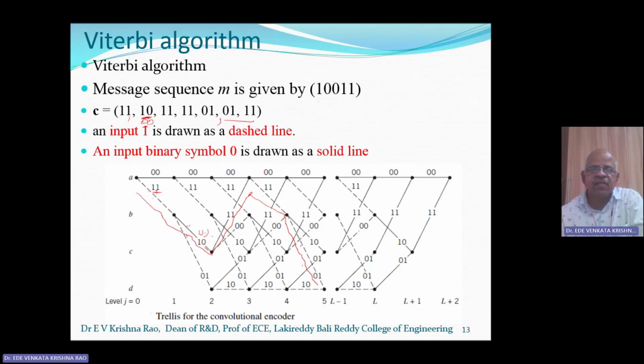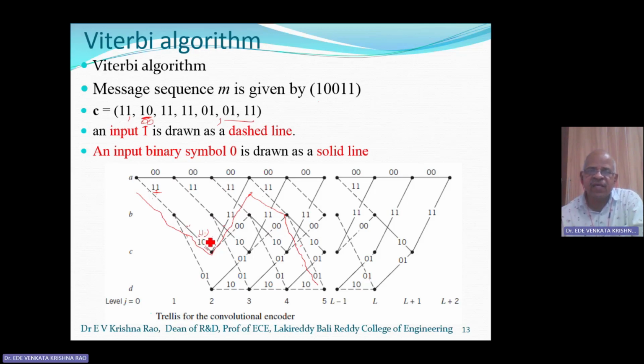If you go in another path, whatever it is here, there is a mismatch and errors go on increasing. So other than the survival path, which is the shortest path, the correct path, other paths give more errors. The survival path gives the minimum number of errors.